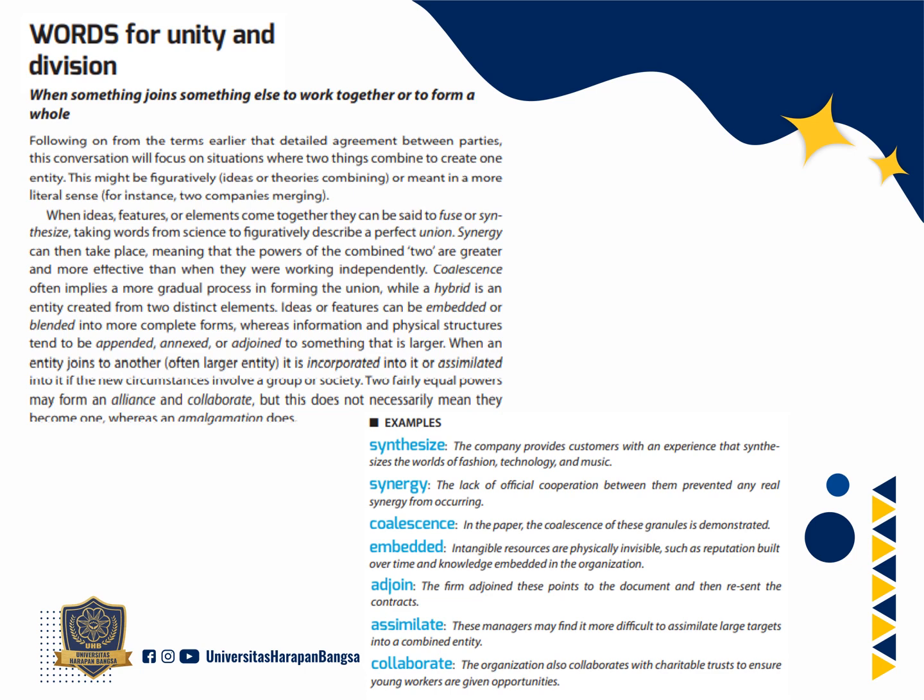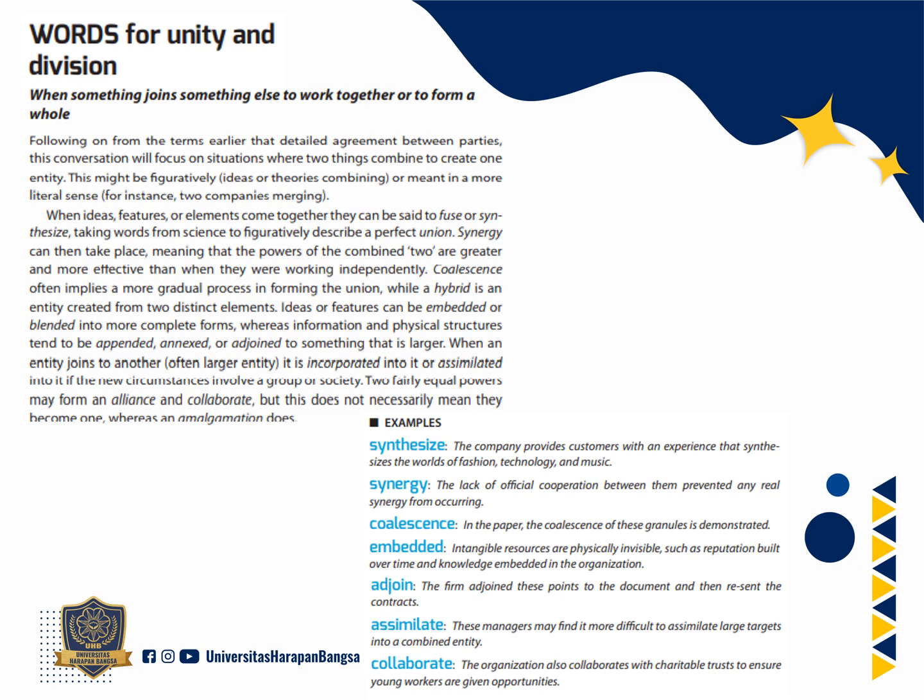When ideas, features, or elements come together, they can be said to fuse or synthesize. Taking words from science to figuratively describe perfect union, synergy can then take place, meaning that the powers of the two components are greater and more effective than when they were working independently.